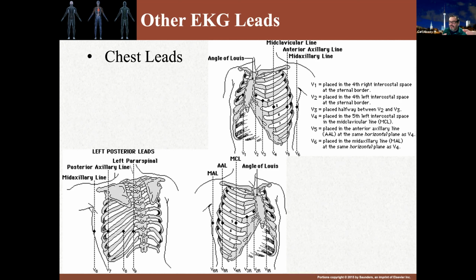And so you effectively just reverse your placement of your V leads if the heart is in fact oriented to the right, which it sometimes is in a right pointing heart. And of course, in a case of complete situs inversus, it would be as well. So V1 is placed on the right side and is called V1R, V2R, V3R, et cetera. Again, these are extremely rare. Almost never see them.